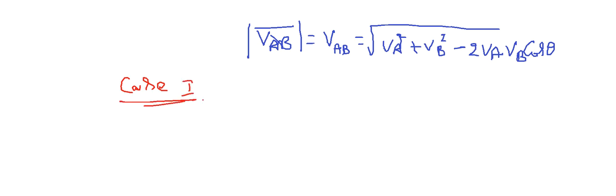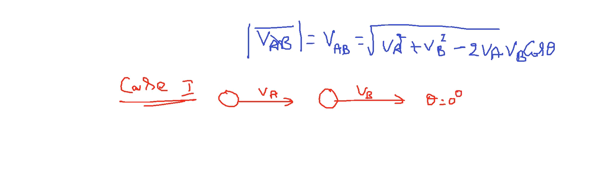Suppose the two objects are moving in the same direction, A and B, with velocities VA and VB. So automatically the angle becomes equal to 0. Substitute the 0 there. What is the relative velocity of A with respect to B? I am interested in the magnitude.